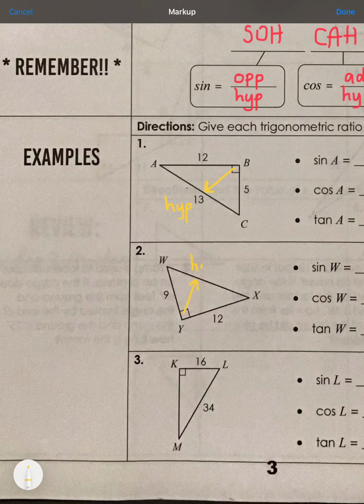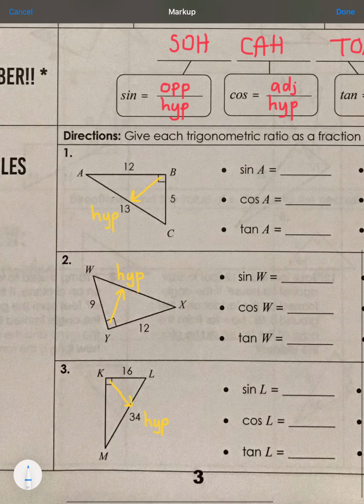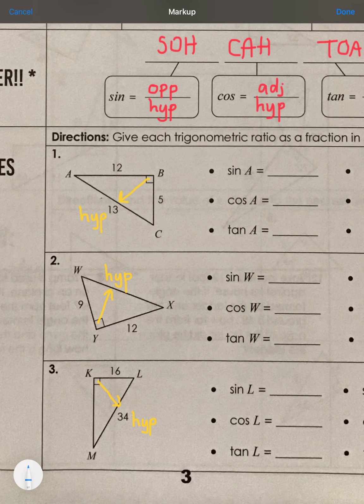So coming down here to the examples, if we look at the triangle, the side across from the right angle is always the hypotenuse. That never changes. So I'm just going to go ahead and label all the hypotenuses. It is the side across from the right angle.